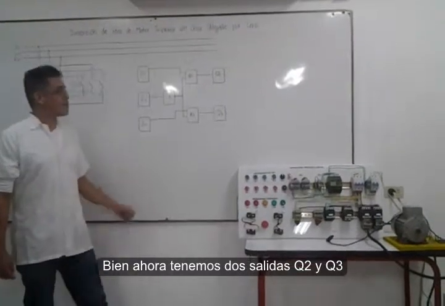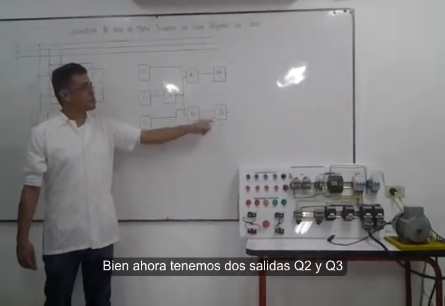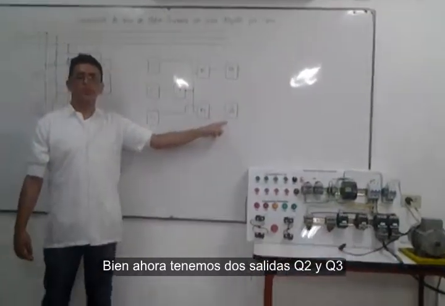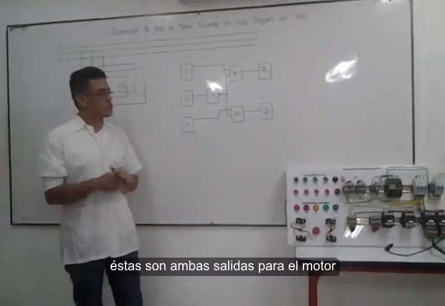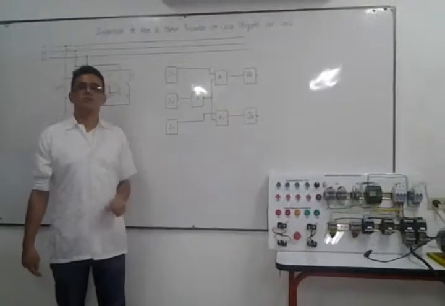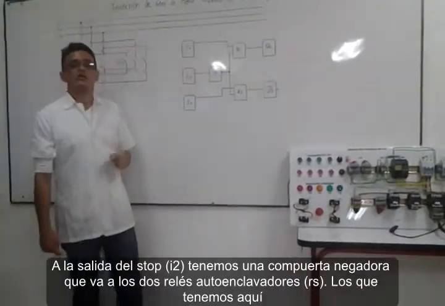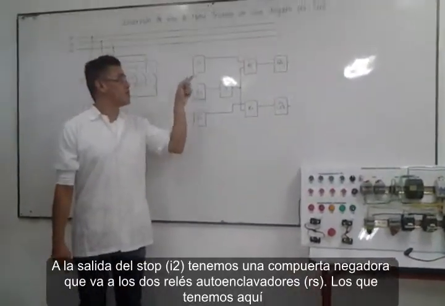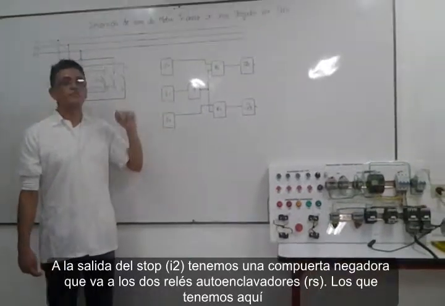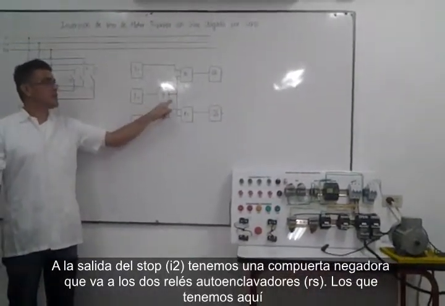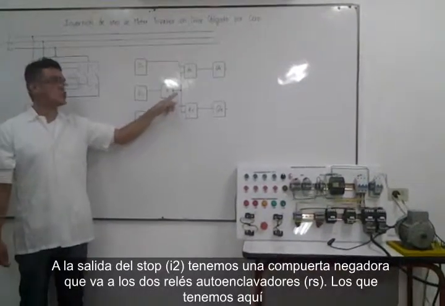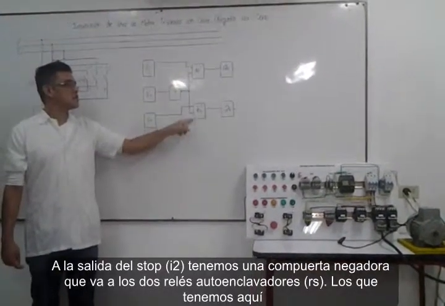Alright, we now have 2 outputs, Q2 and Q3. These are both outputs to the motor. On leaving the stop, here we have the gate. This is the gate that is negating the two latching relays.